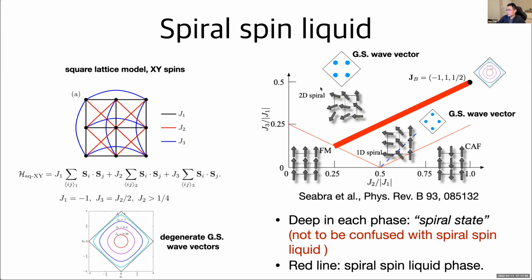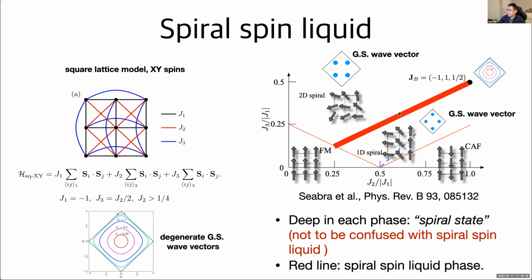Basically, there are these spiral phases. They correspond to states where the spins are rotating in real space corresponding to a particular wave vector. Like here, the wave vectors are these ones in the Brillouin zone. And in this phase, the wave vectors are these points in the Brillouin zone.